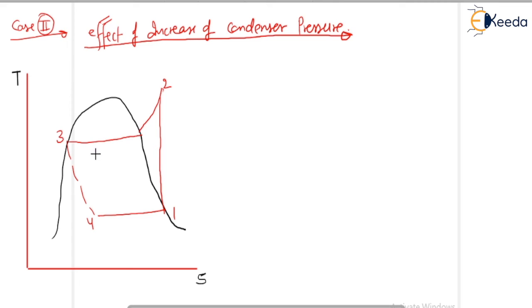When you are going to increase your condenser pressure, this is your condenser and this is your evaporator, this is your compressor and this is your throttle valve.